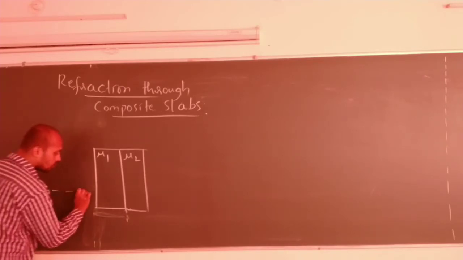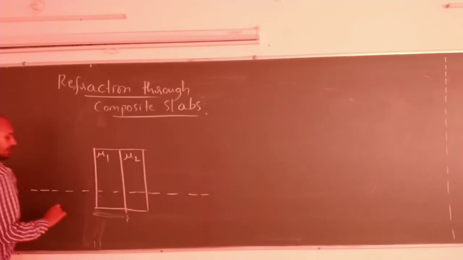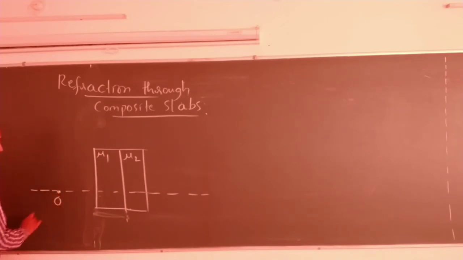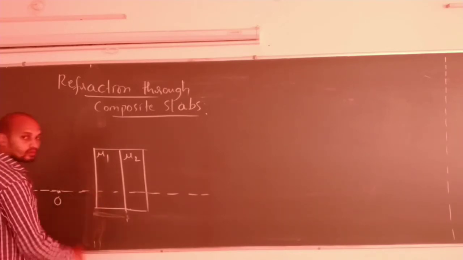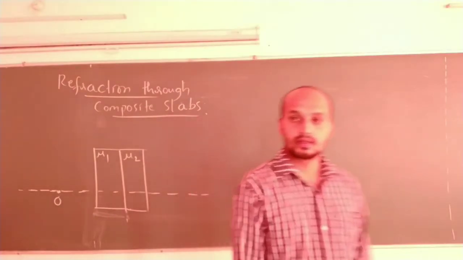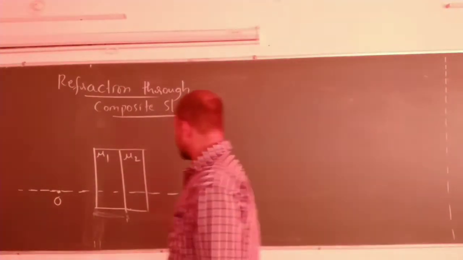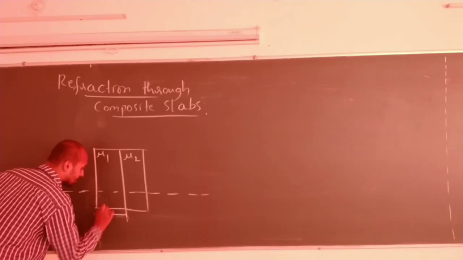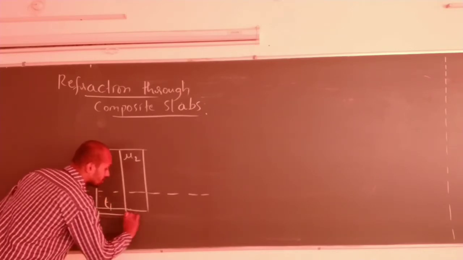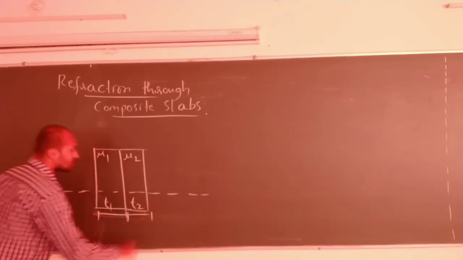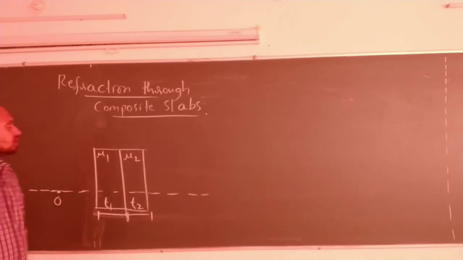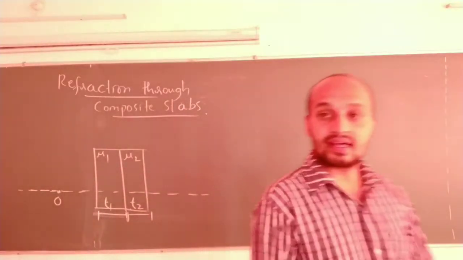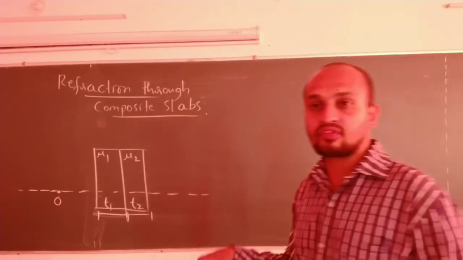Now I am placing one object here. Think that this slab has thickness T1 and this one has thickness T2. We shall find what will be the shift due to these composite slabs.